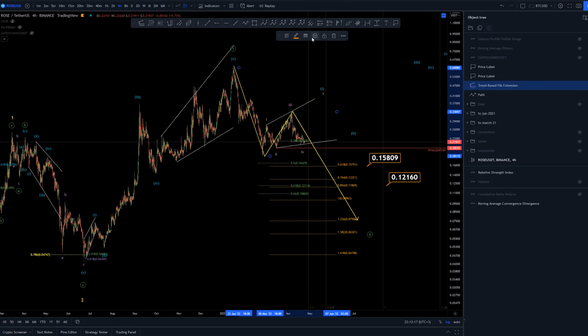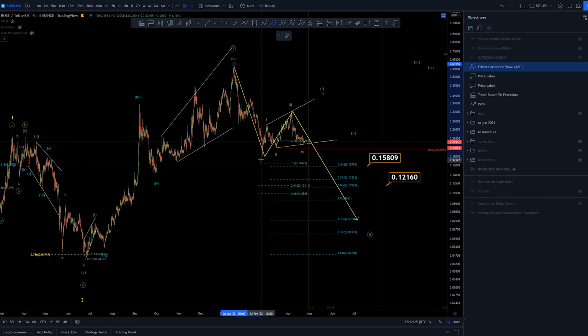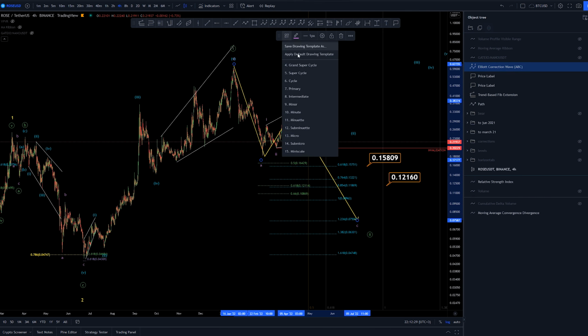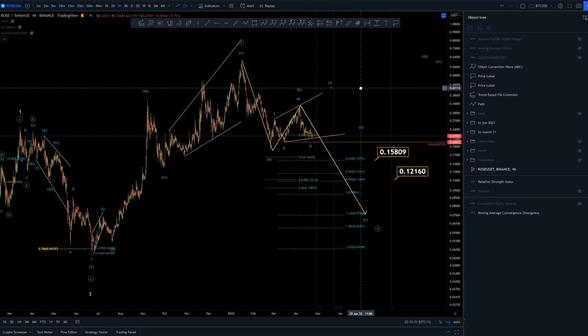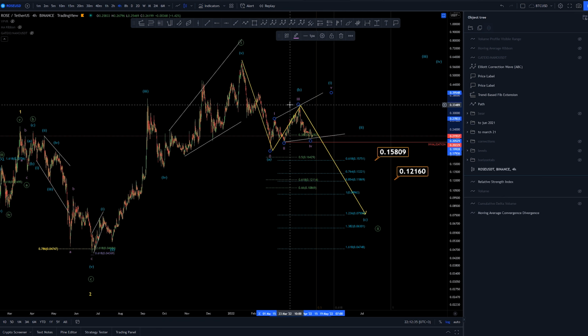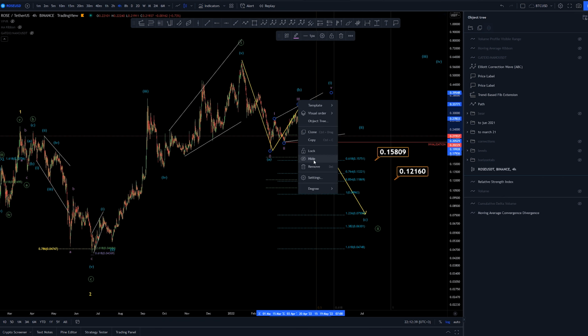I need to set this color right. There we go. So we would be looking at something like this, A, B and C. And this would be minuet. And again, at that point we would definitely not be looking at this.